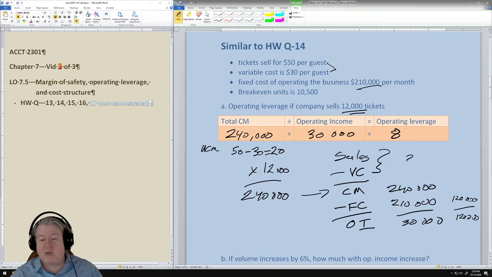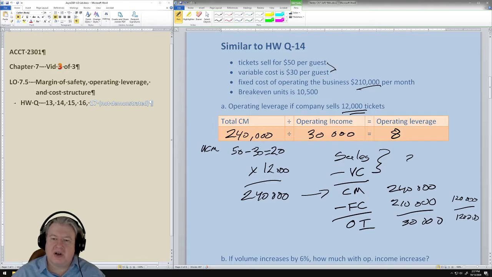Either you have a whole lot more contribution margin in relationship to your fixed costs, or your fixed costs are lower. But it's a way of looking at your fixed costs versus your variable costs, because contribution margin is kind of a measure of your variable costs. The higher means typically that you have either high fixed costs or you're barely covering your fixed costs.